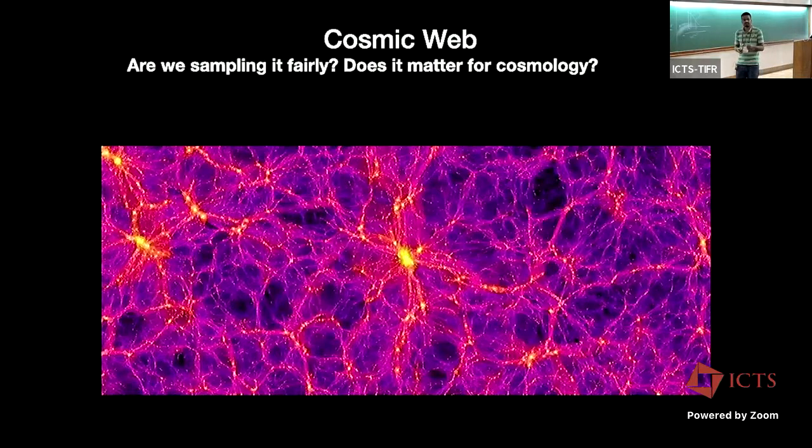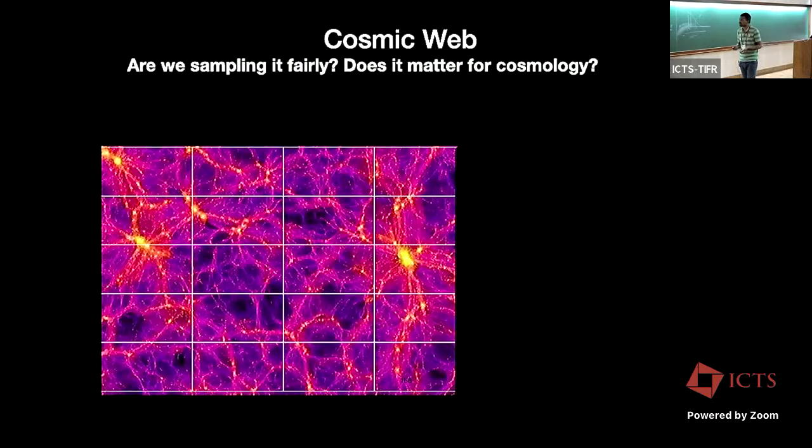But let's say I want to test this. Maybe my galaxy formation physics is complicated enough that it depends on whether you're in an empty region, a void, with the amount of material available to form and grow galaxies, whereas if you are in a cluster, given the kind of high energy environment you're living in, you might see a different kind of galaxies, and it's not a linear function.